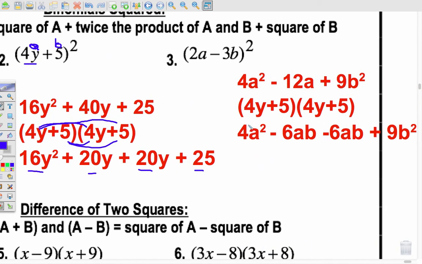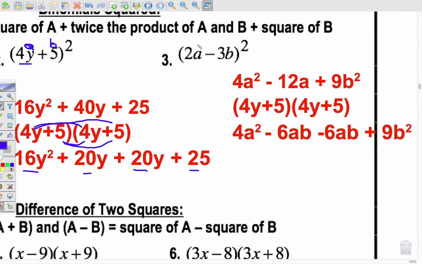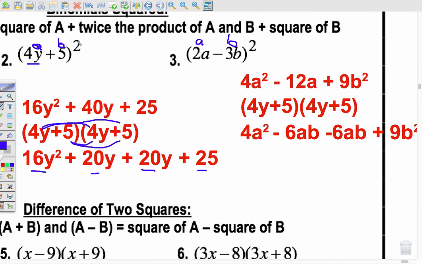All right, number 3 is the same thing, just another example. I know that this is a and this is b. The first one is a squared, so that's 2a squared, which is going to be 4a squared. The middle is twice the product of a and b. So a times b would be 2 times 3 is 6ab, times 2 would be 12ab.